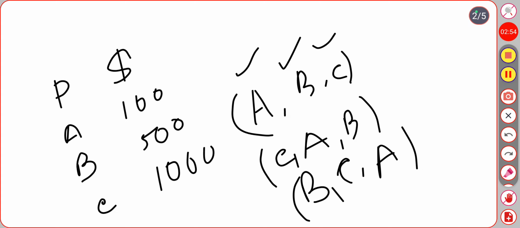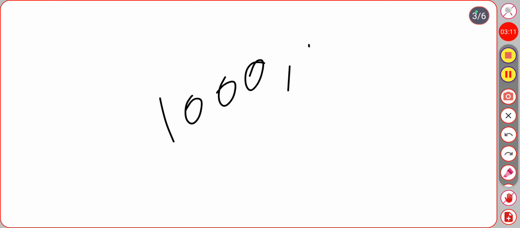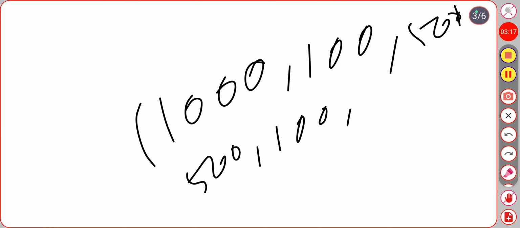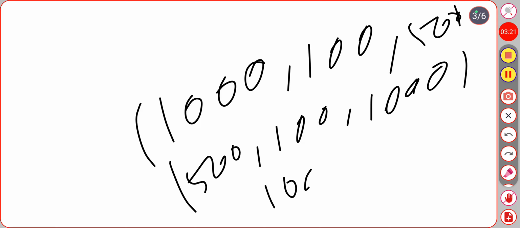The principle is that in calculating income inequality for this community of person A, person B and person C, here I consider ABC, but I can also write 1000, 100, 500, as well as 500, 100, 1000 and 100, 500 and 1000.